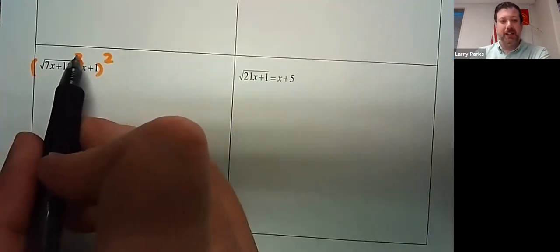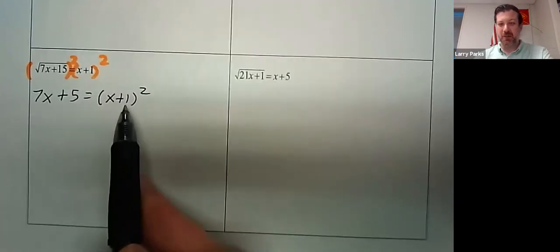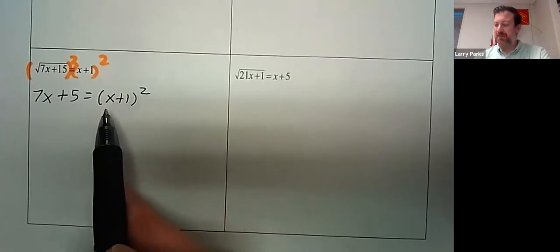The square cancels out the square root, so I'm left with 7x plus 5. But over here, I now have x plus 1 squared. Whoa. This is not x squared plus 1 squared. X plus 1 squared, that means write it down twice.